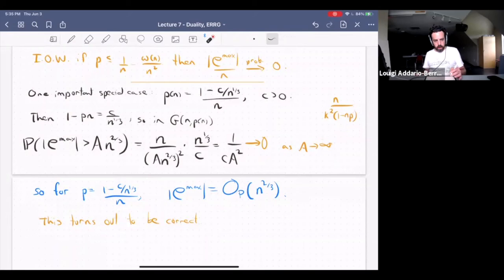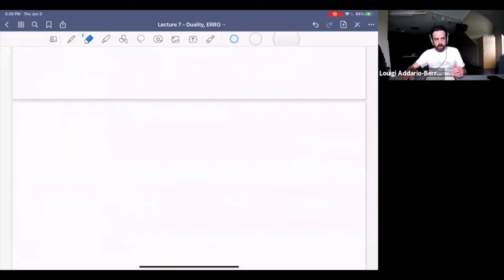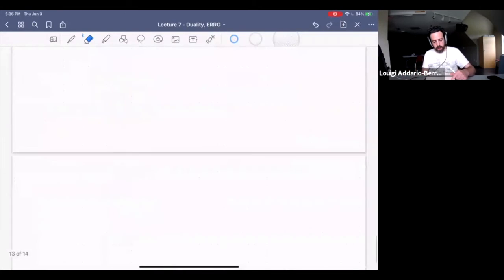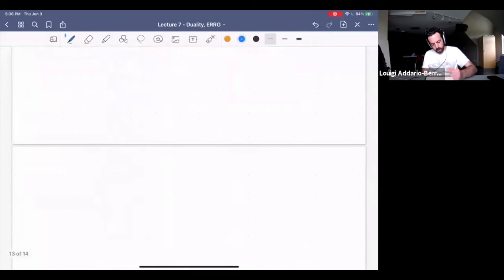Okay, so I'd like to move from p less than 1 over n minus 1 to p at most (1 plus little o(1)) over n.